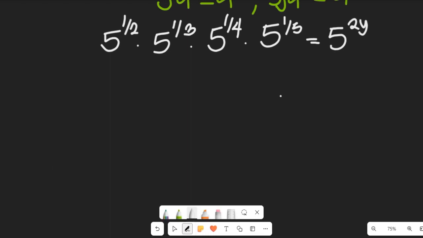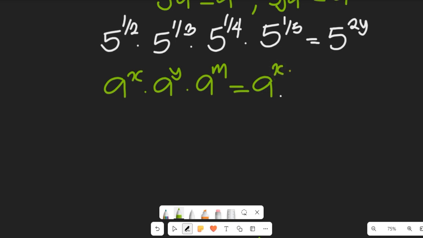Great. Having expanded this, we'll now apply the laws of indices. I want you to recall that in the law of indices, whenever we are given a to the power of x multiplied by a to the power of y multiplied by a to the power of m, because they have the same base, this is equal to a to the power of x plus y plus m.